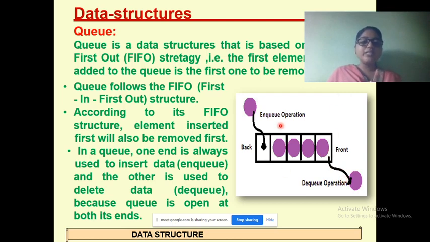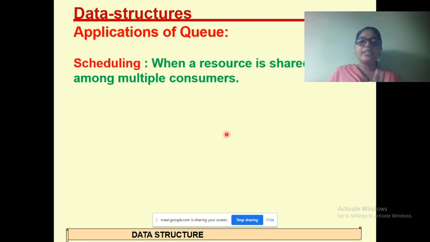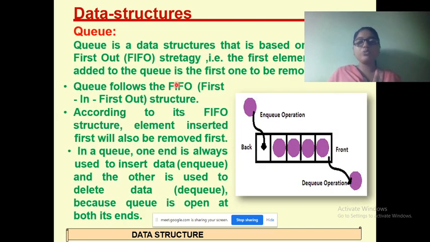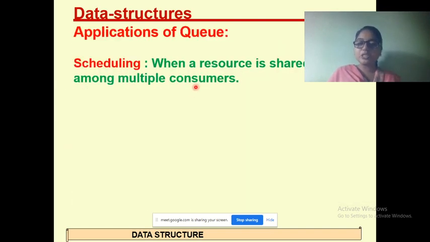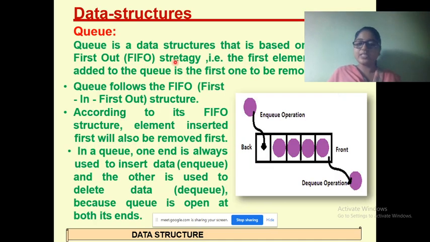So this is the scheduling of resources, and that is managed using a queue. If you are asked what the applications of the queue are, you can explain it using this concept. And you can draw the diagram like this, showing enqueue and dequeue operations, and explain the FIFO concept or the principle of the queue, which stands for first in, first out.